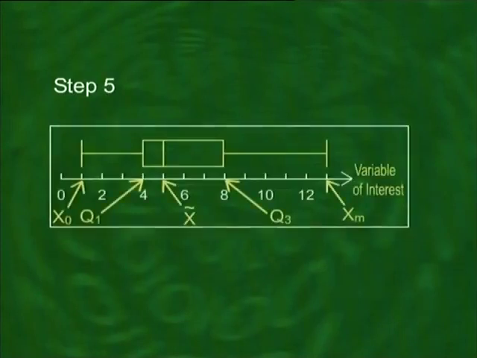And last but not the least, another line, that is the other whisker, is extended from the right end of the box to a point that aligns with the largest measurement in the data set. So, in this manner, we get this very interesting plot, a box and 2 whiskers.